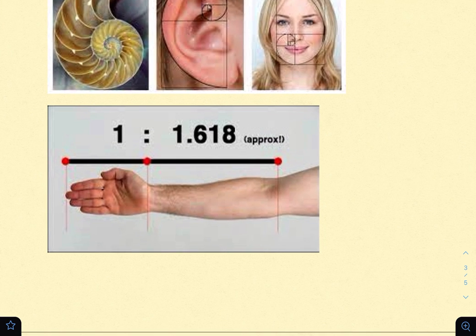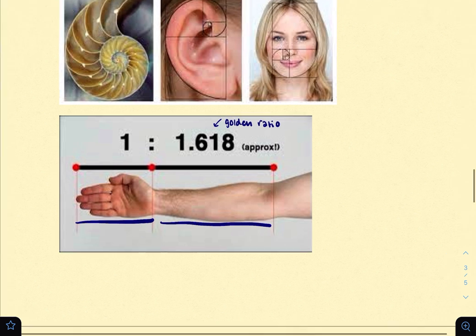Like we said, 1.618 is approximately the golden ratio. So this part, this hand, is 1, and this is 1.618.